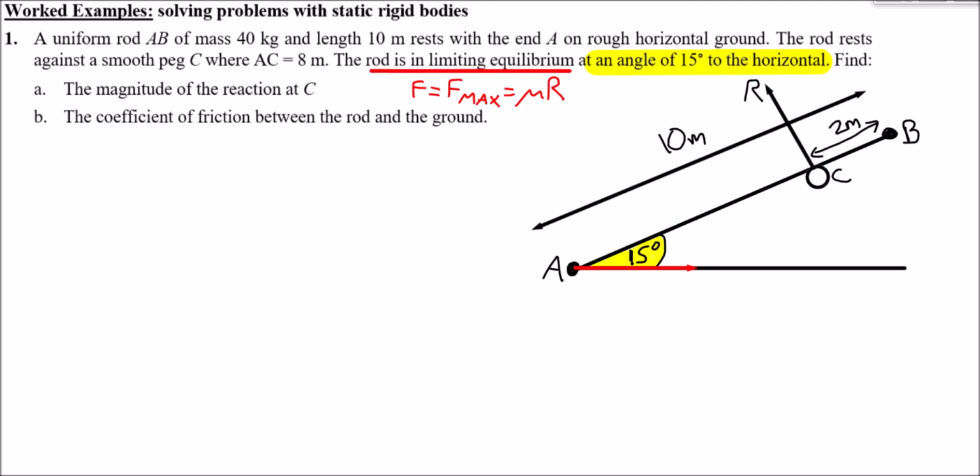So what I'm suggesting we do is we give this reaction force a subscript of C. So that means reaction at C, to distinguish it from the reaction from A, which I'm saying we could label in as R subscript A. So this friction is mu R_A, because it's F max.